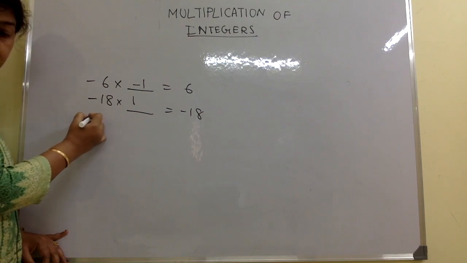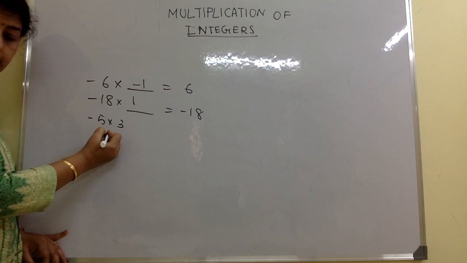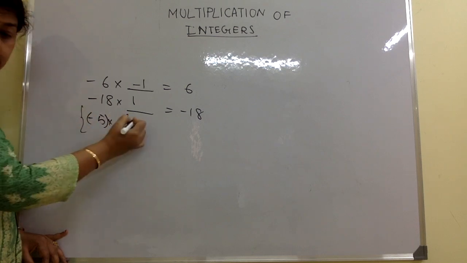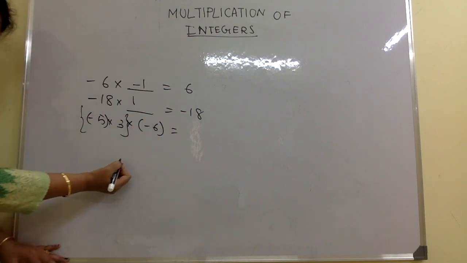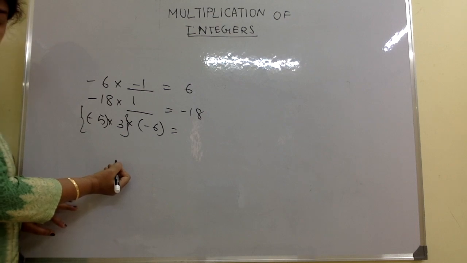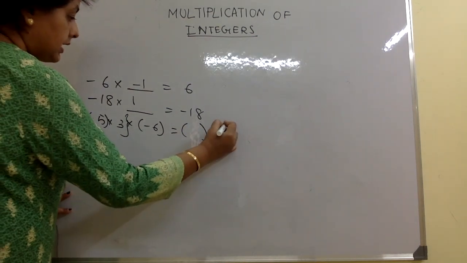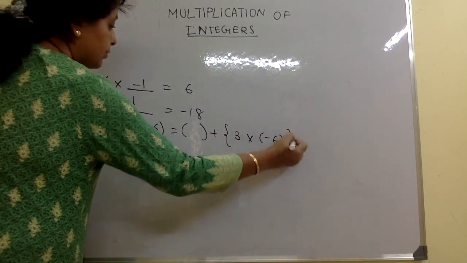Then minus 5 into 3, the bracket closed, into minus 6 is equal to something in a bracket plus, and then a bracket into 3 into minus 6, bracket closed.